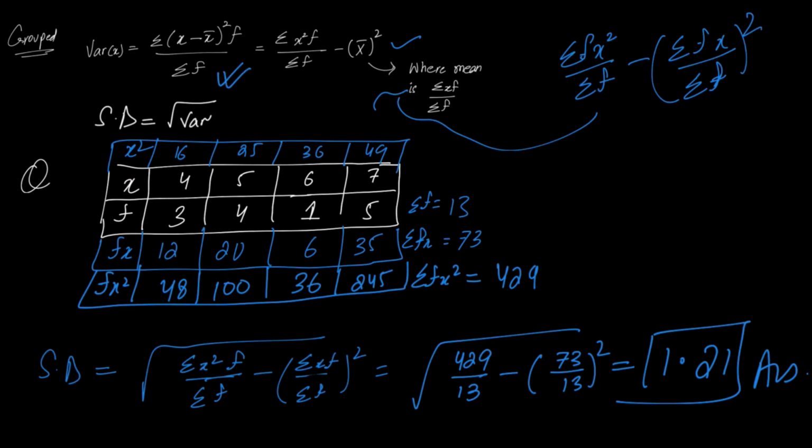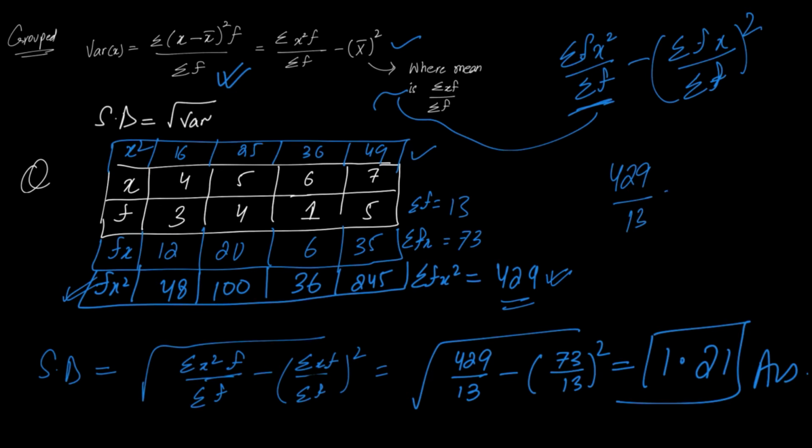To find out the variance, first we'll have to take out the mean of x square. For that, we took out x square, and we have to find fx square. We multiplied fx with x to get fx square. We take out the summation of fx square, which is 429. We do 429 upon the sum of f, which in this case is 13.